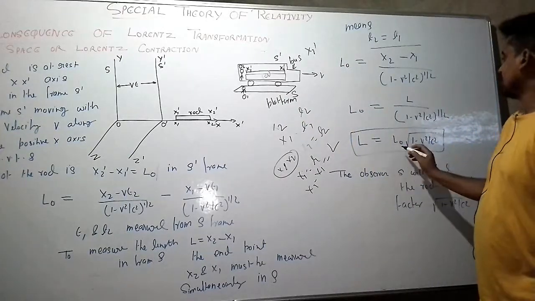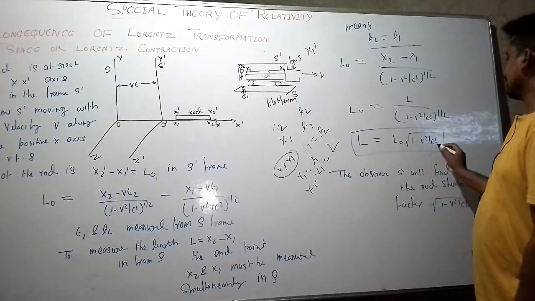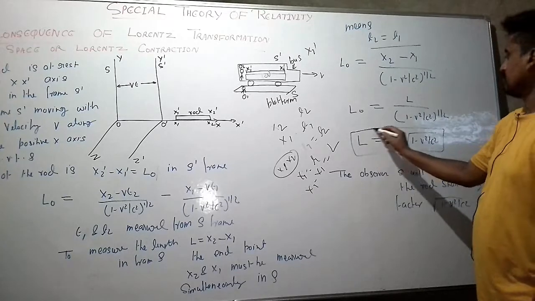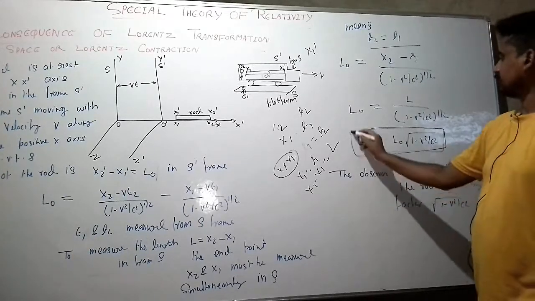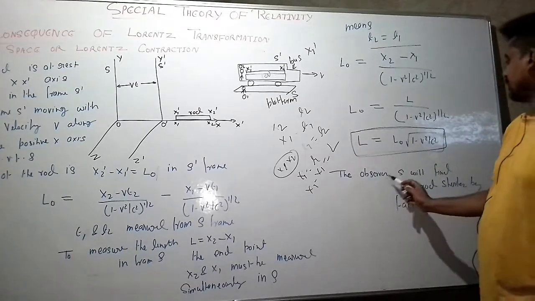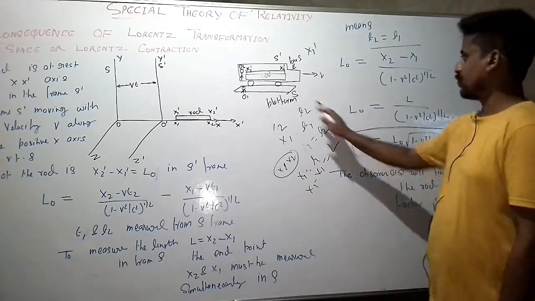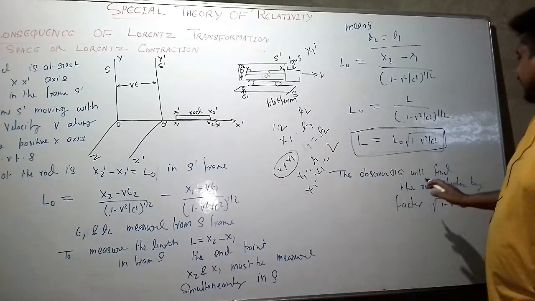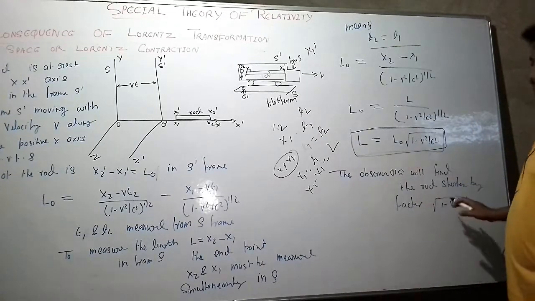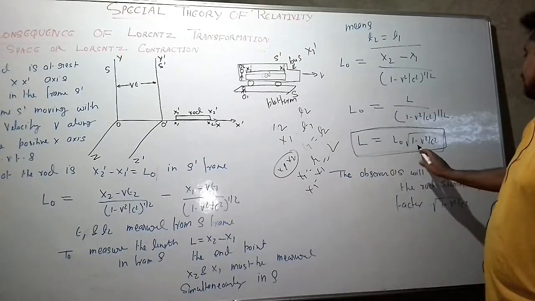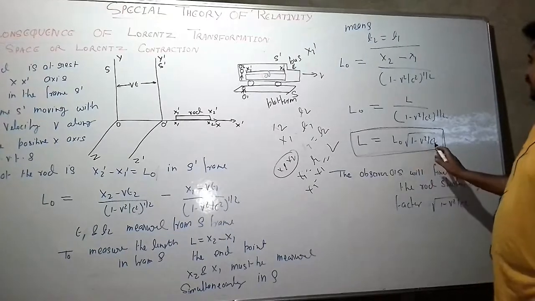So L equals L naught times root 1 minus v square by c square, and you can see that the observer O1 on platform S will find the length contracted by the factor root 1 minus v square by c square.